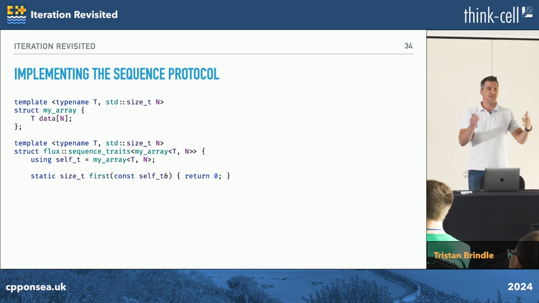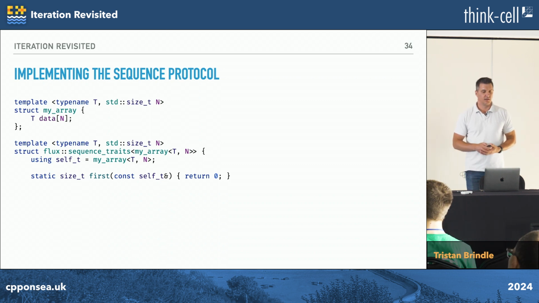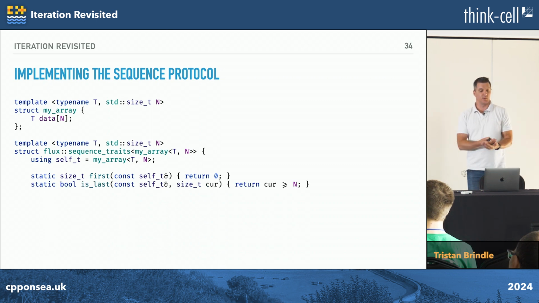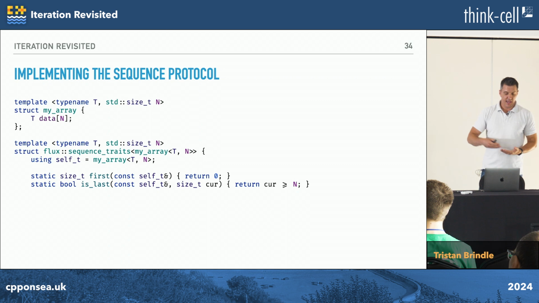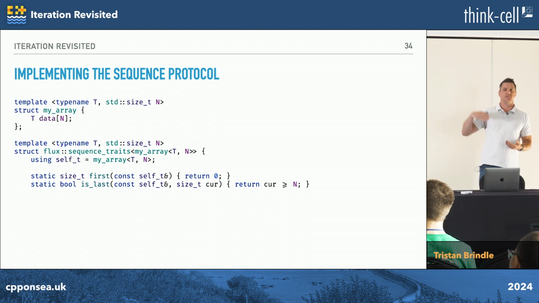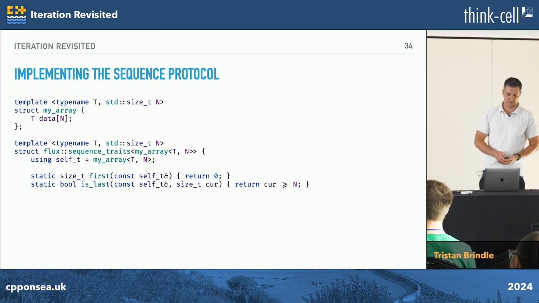So first returns a size_t initialized to 0, the index of the start of the array. Next, we implement is_last that tells us whether we've finished. In this case, we compare our cursor to the static size of the array. If it's greater than or equal to the size of the array, iteration is complete, and so we return true.